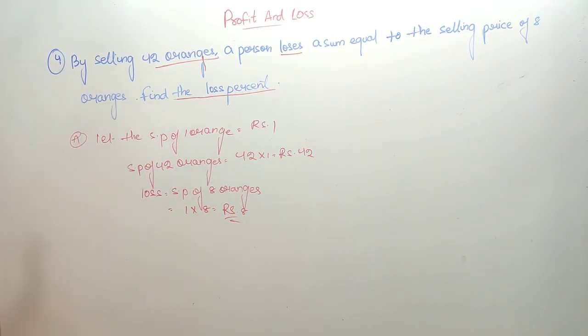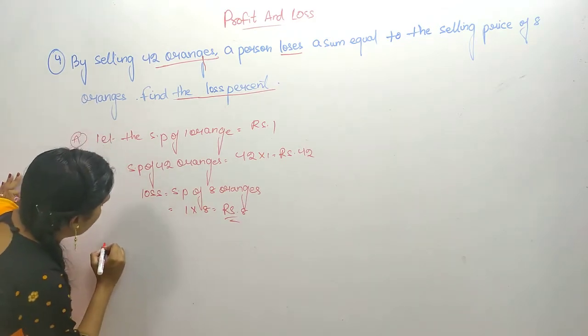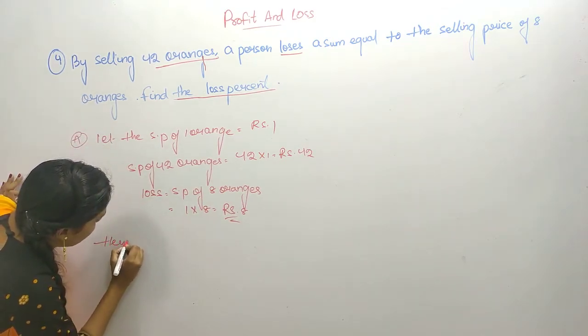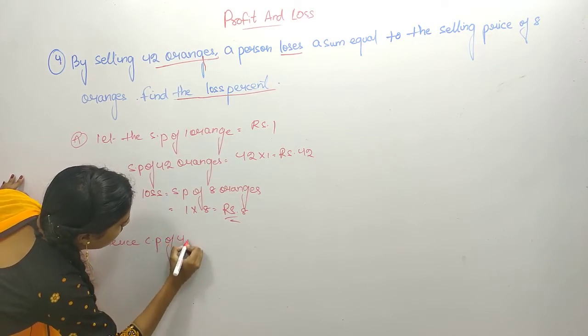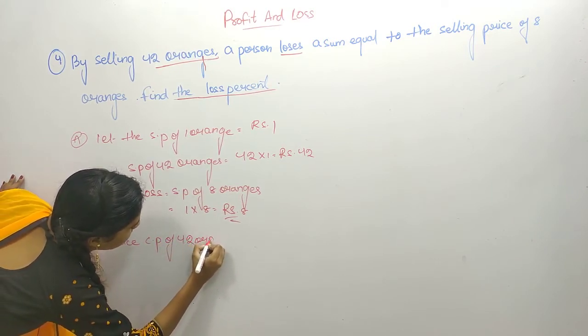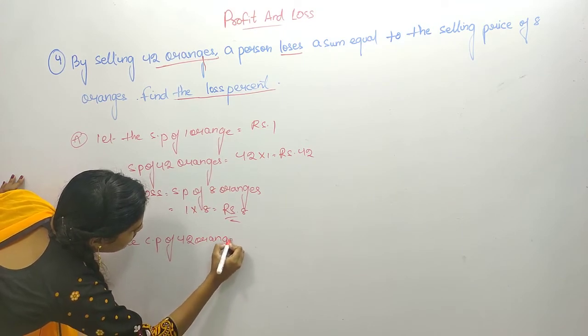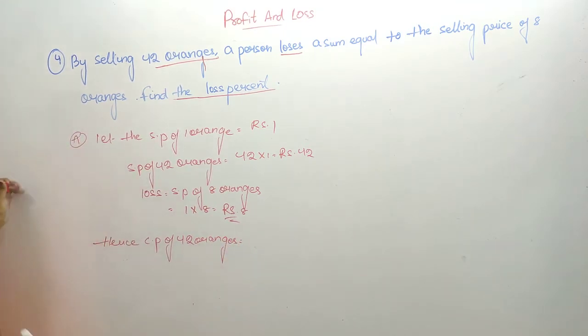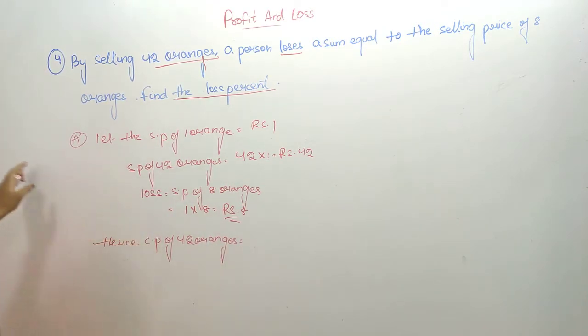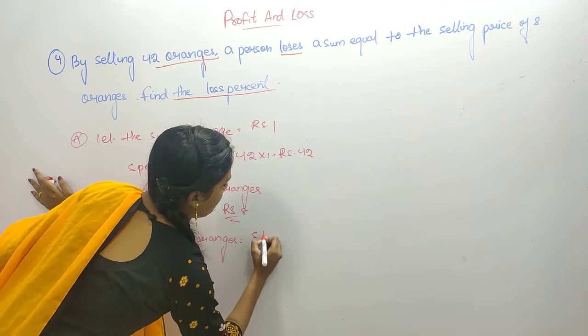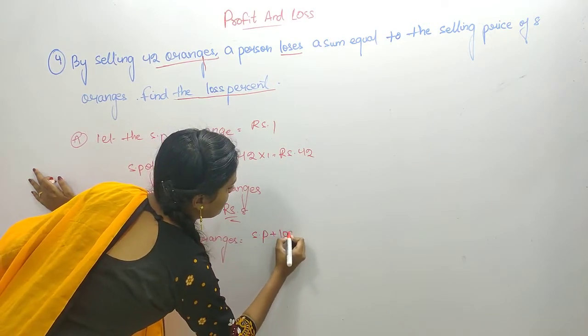Now, hence the cost price of 42 oranges is equal to, what will we do? Selling price plus loss, SP plus loss.